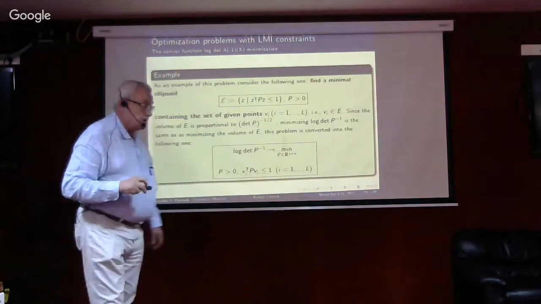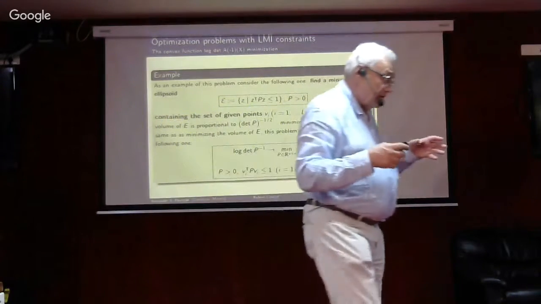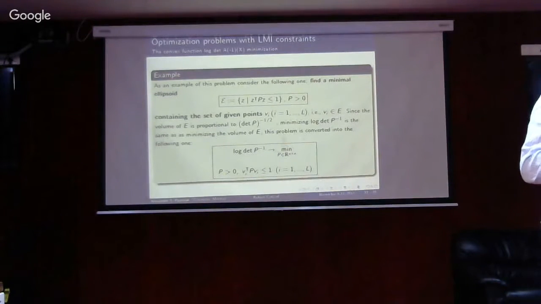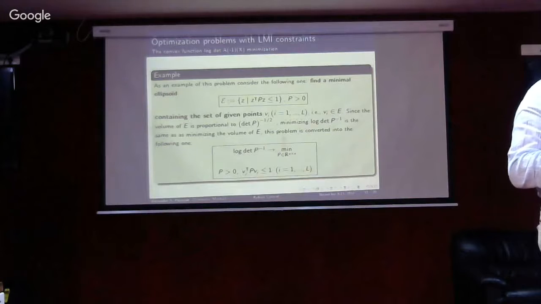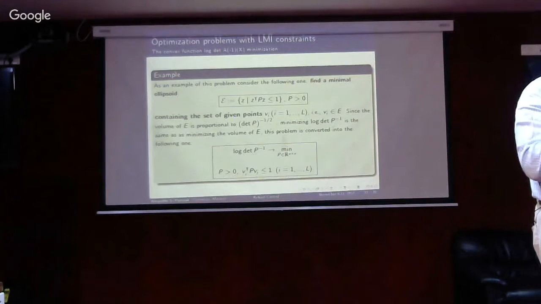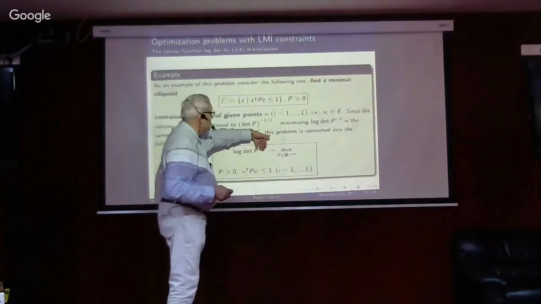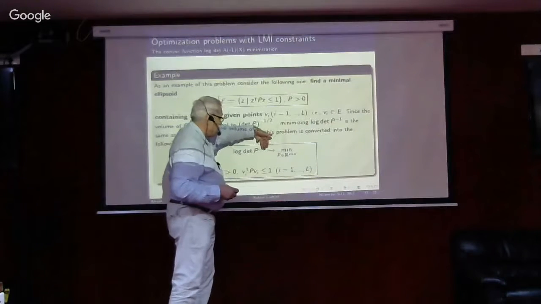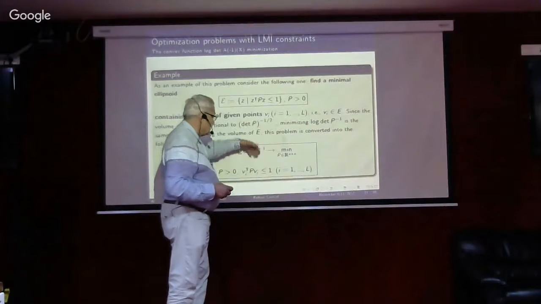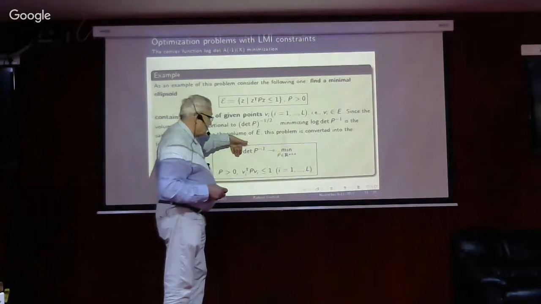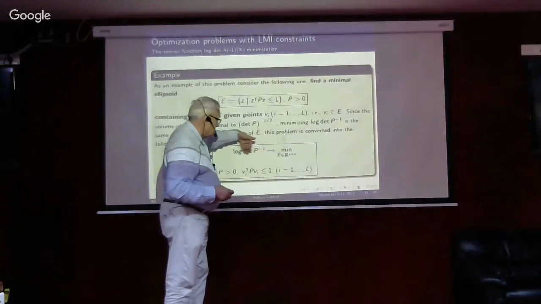And the size: as you know, the volume of the ellipsoid is given by the determinant. So finding the minimal ellipsoid consists in finding P which is greater. But if I put here minus and the determinant, this is the volume, so instead of taking it larger, I will take it smaller.